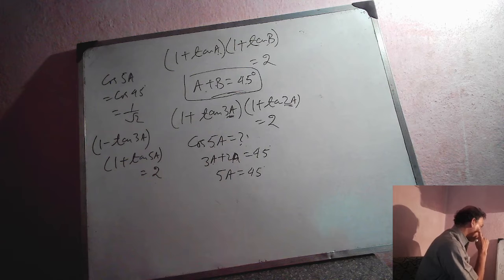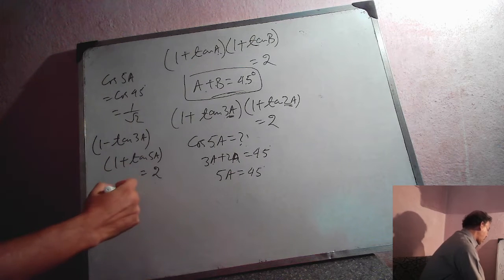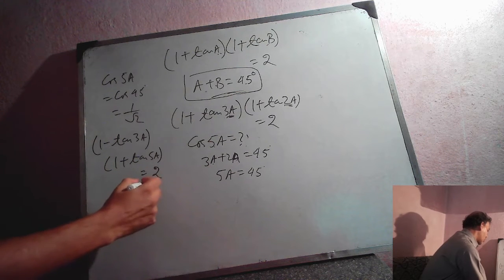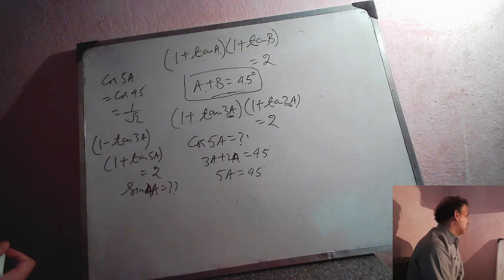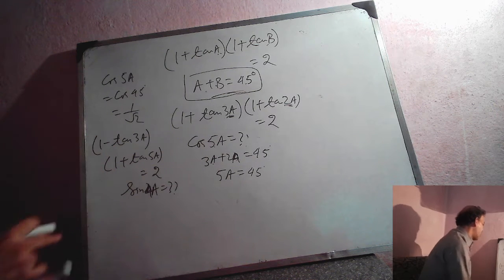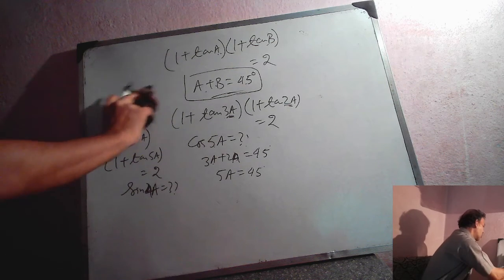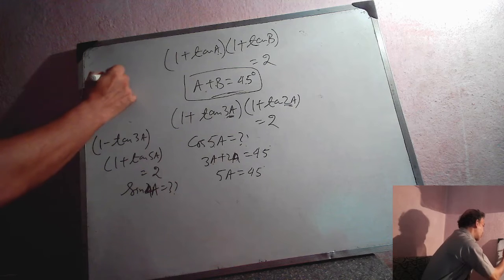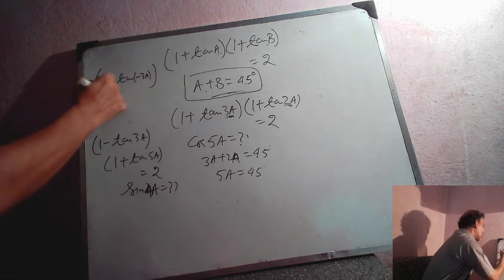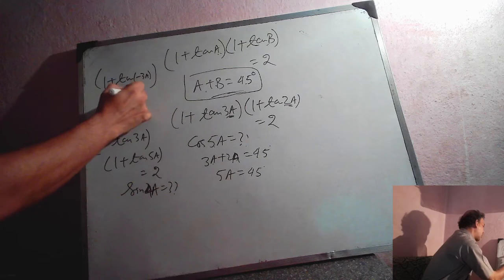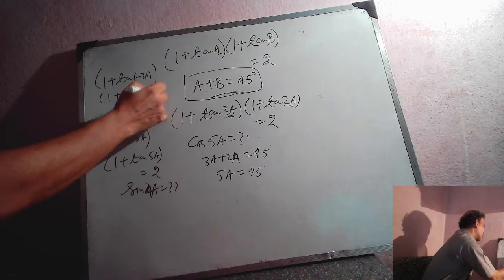What will be the value of sin 4A? Now we can write it as (1 + tan(-3A))(1 + tan 5A) = 2.